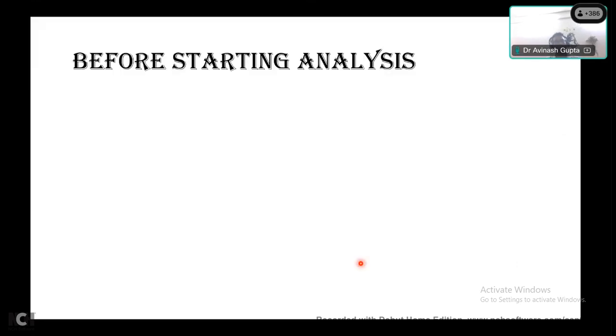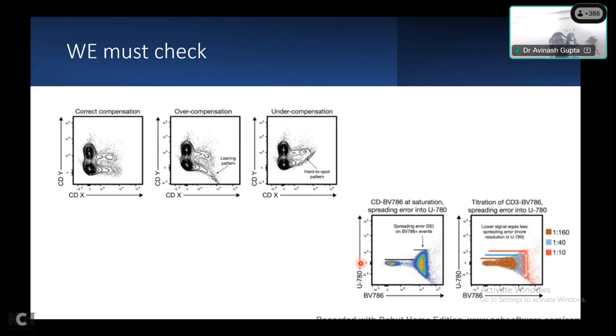Before starting analysis, we must check the compensation. Why do you have to check it? Because you are using light, and it is really challenging for any analyzer, any channel, to have only that particular light. Some of the light from the signal goes to another channel also, which leads to spillover.